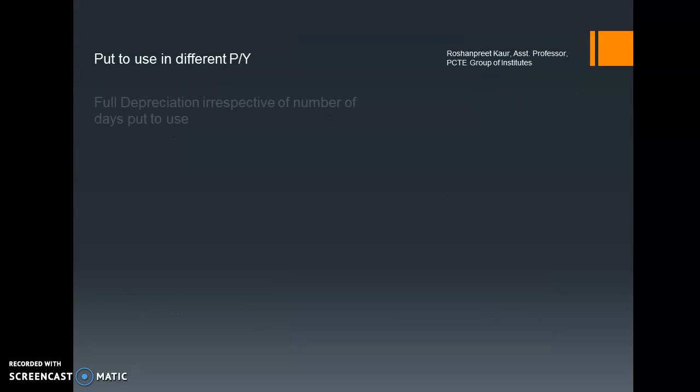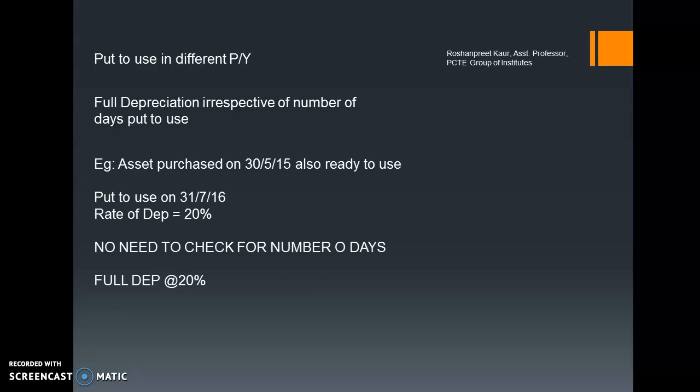And if you have put it to use in a different, later year, for example, you have purchased your asset in the financial year 2017-18 and you have put it to use in 2018-19, in that case full depreciation will be given irrespective of the number of days. That means in that case you do not have to check the number of days.